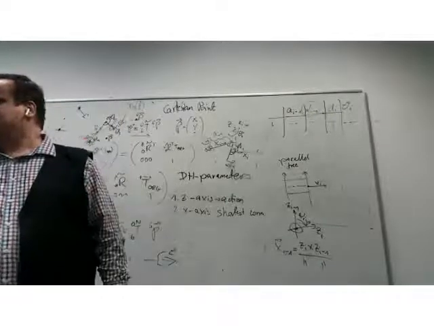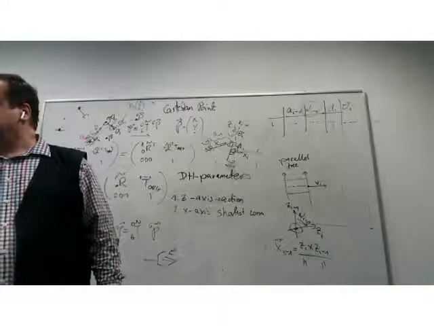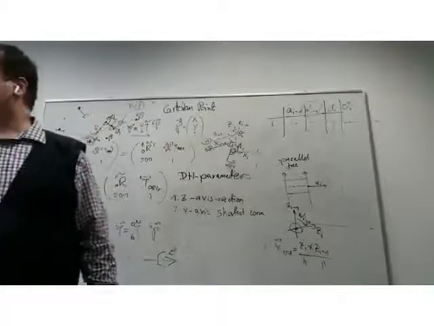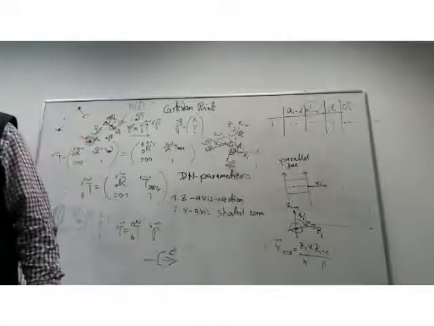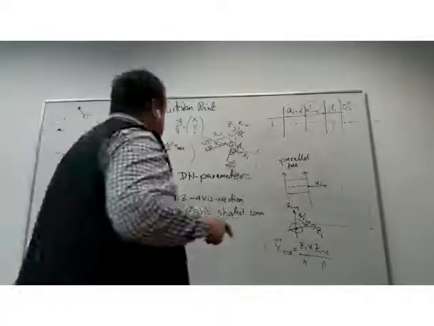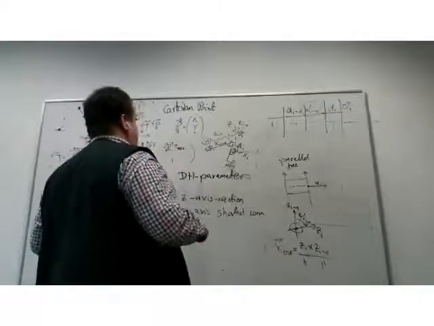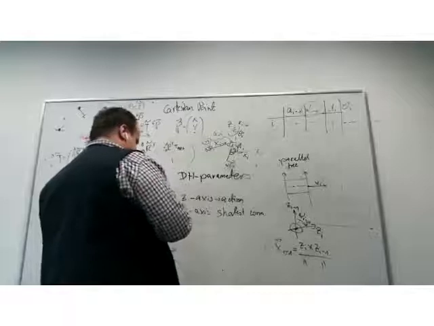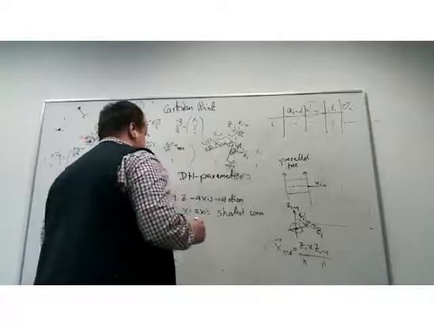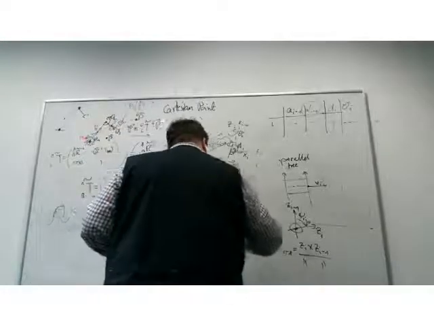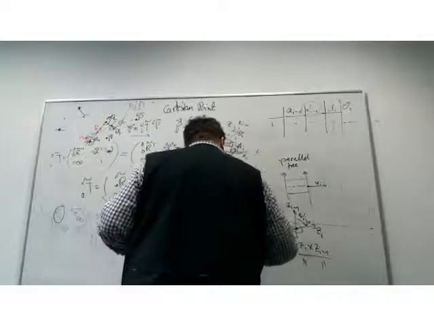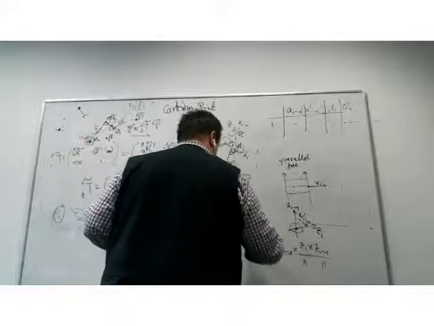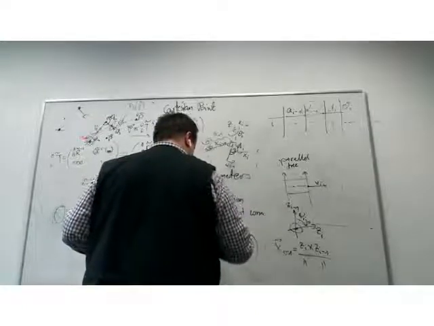Depending on which way you go, from here to here, what you're doing is you have a translation along x by a_{i-1} as a matrix.